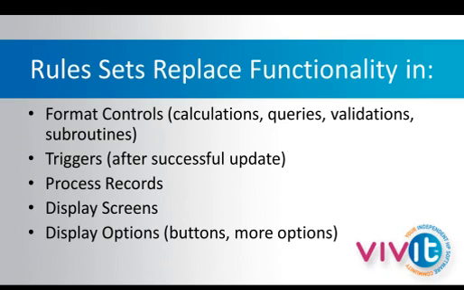So if you have process records that do very specific things, like maybe they run a server-side executable, or maybe they run a bunch of wizards that you want to run in a row, you can actually add a process record as a rule to a rule set. Display screens, so they replace a lot of the functionality in display screens, and display options like the buttons and more options. All these can be replaced with these rule sets. All right, next slide.